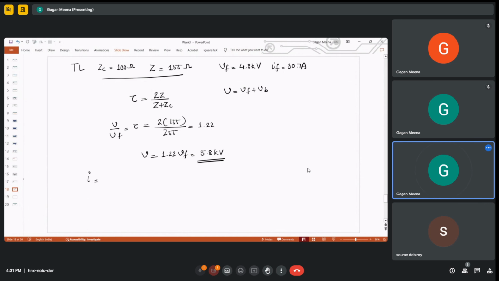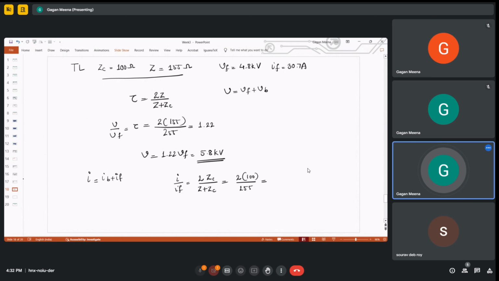So I is equal to IP plus IF, and we also know that I divided by I forward is equal to 2 ZC by Z plus ZC, right? So this will be 2 ZC, which is 200, divided by Z plus ZC, 255.